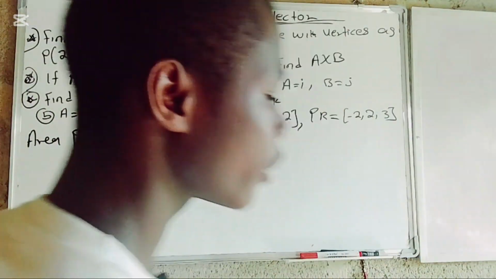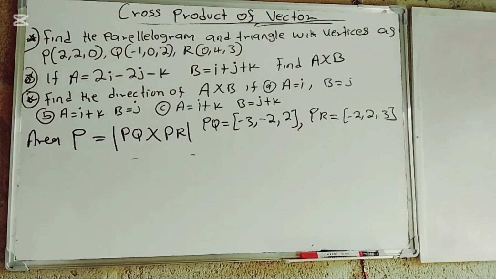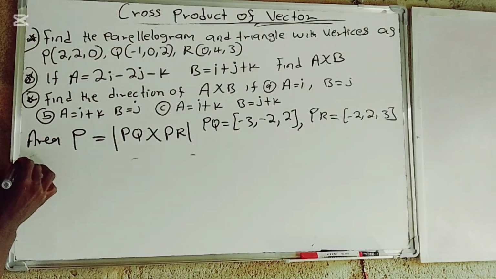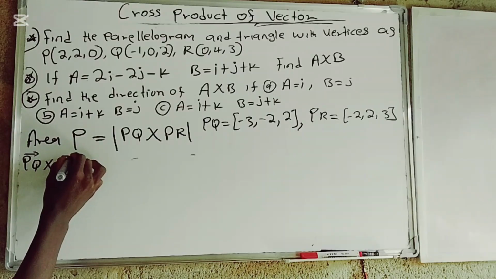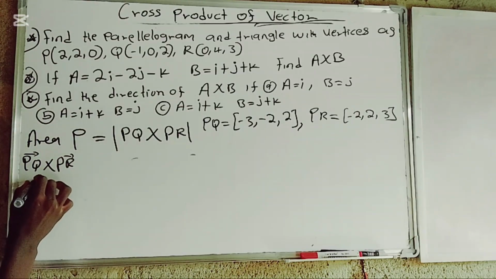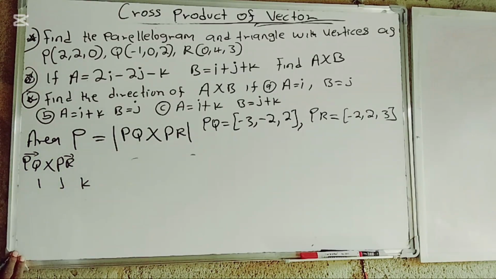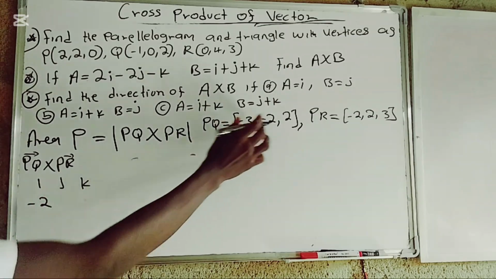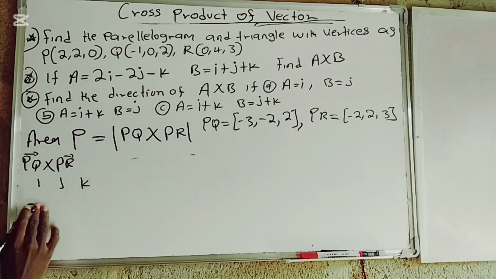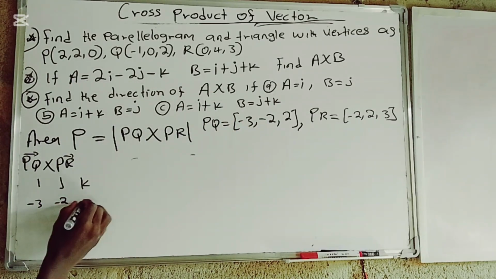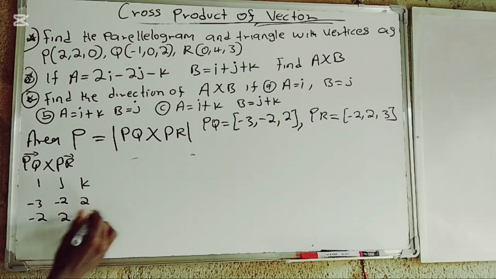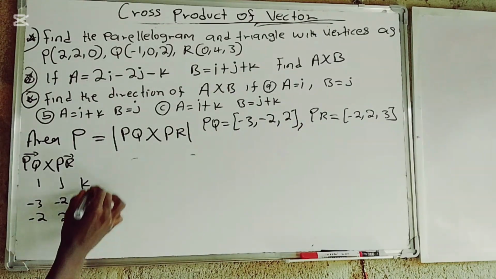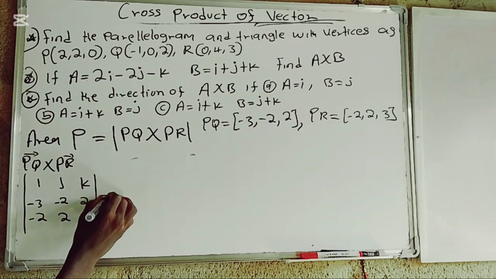The next thing that I'm going to do is find the cross product of these vectors, with I, J, and K. I have negative 3, negative 2, and 2, and then negative 2, 2, and 3.